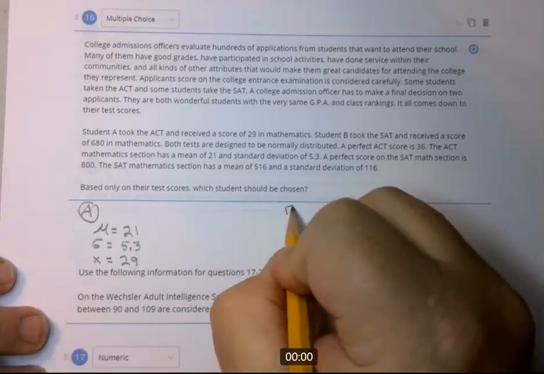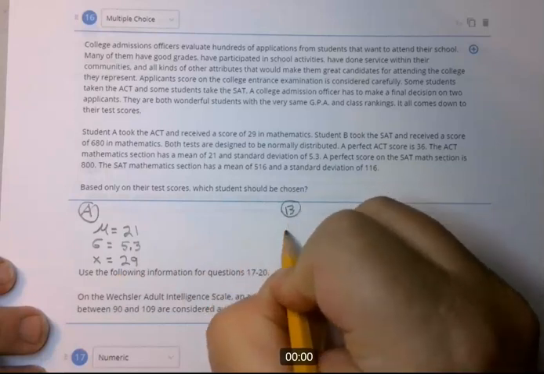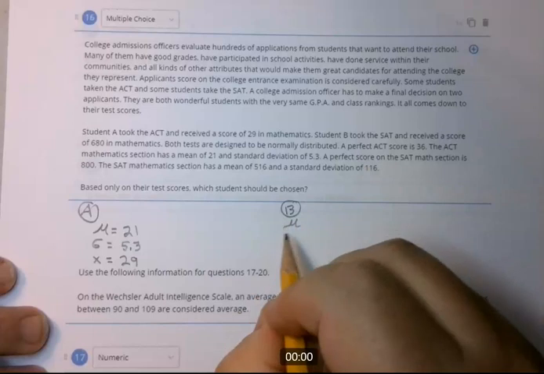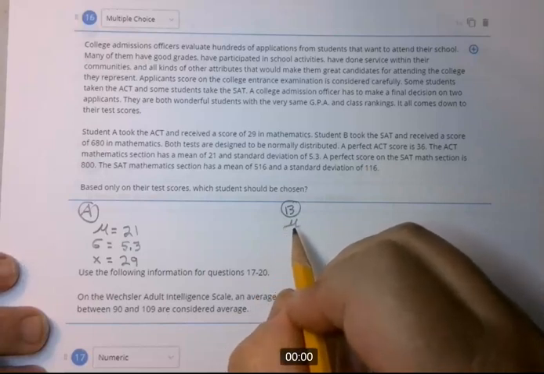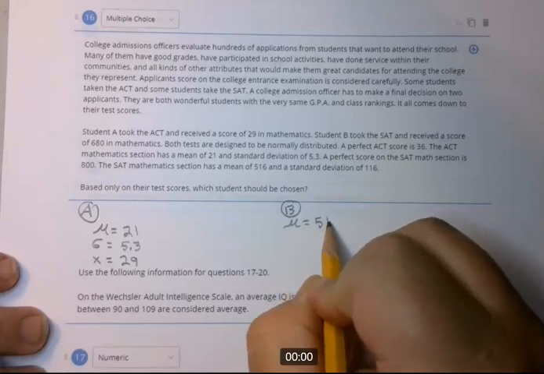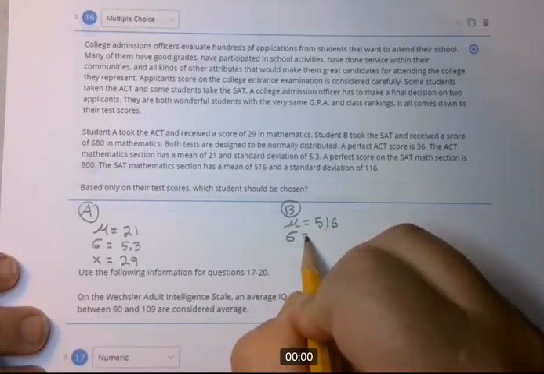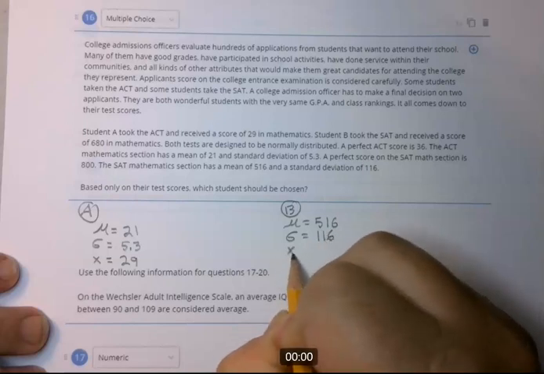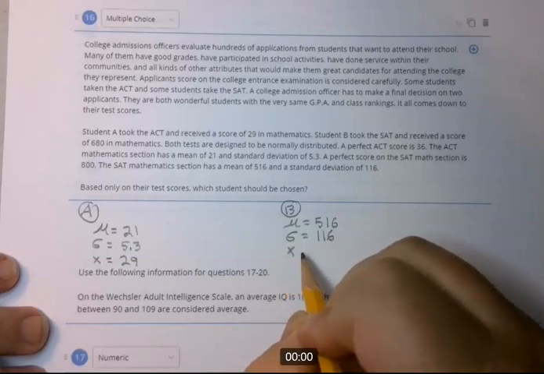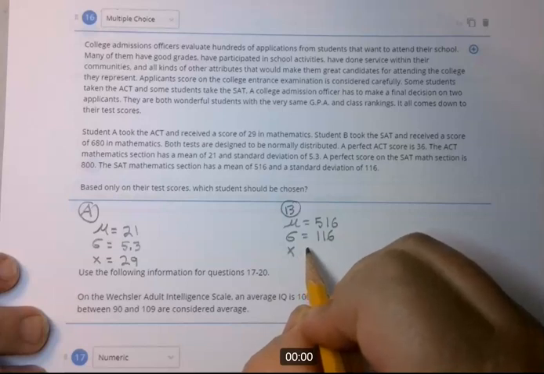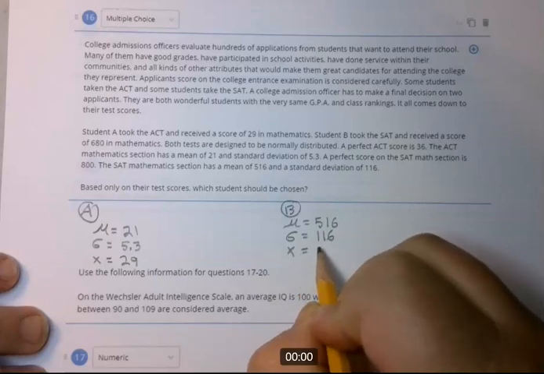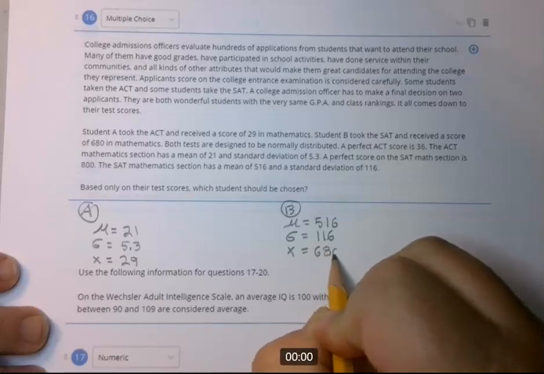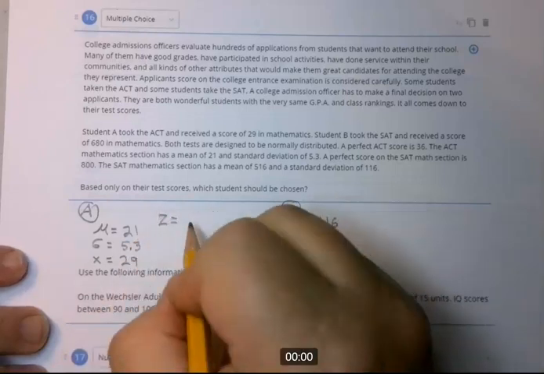Okay, for B, the mean is 516. Sigma, standard deviation, is 116. And that student's actual score is 680. So we just plug in the numbers.